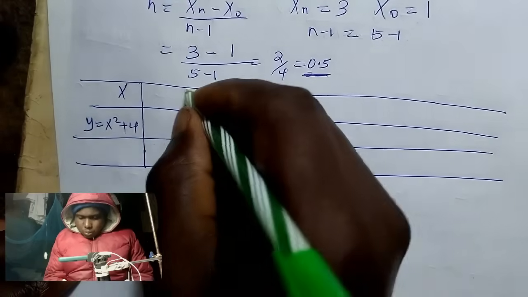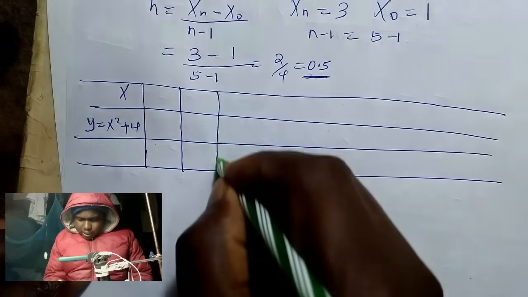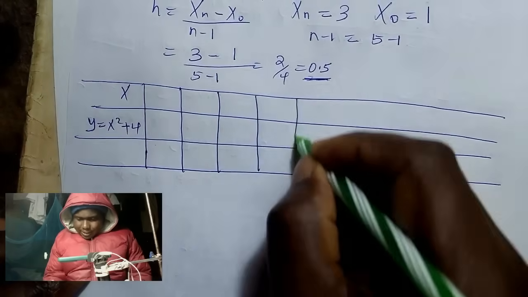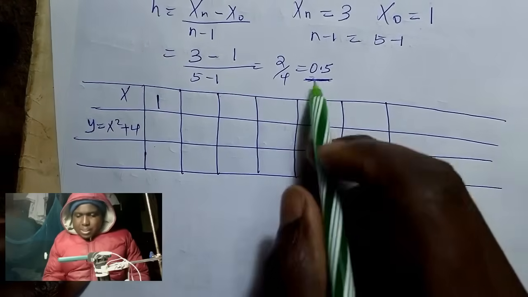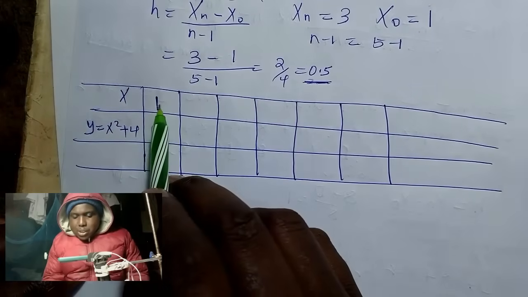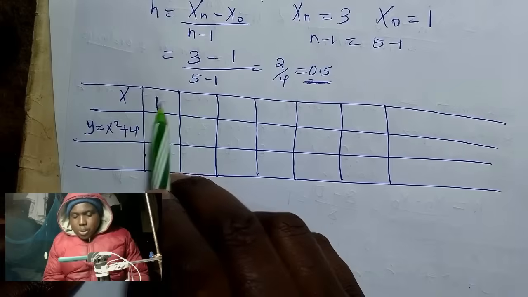Now, we have the values of x. We start from 1. That's where we are beginning at.